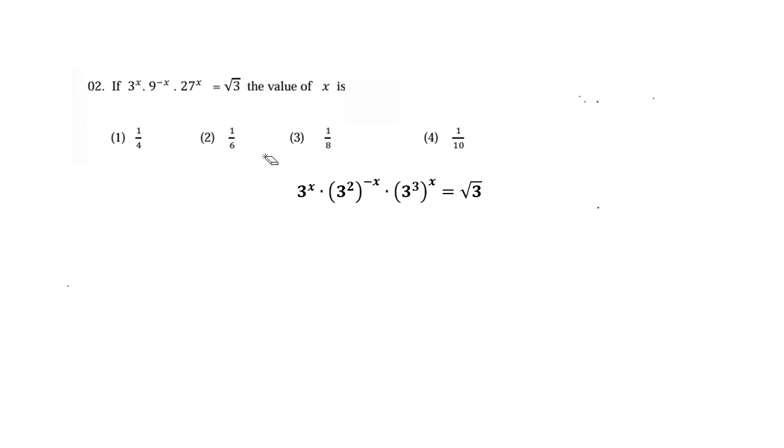Now after we understood that theory, we can simplify both of these exponents, where negative x times 2 will be negative 2x, and 3 times x will be 3x. So we can do that simplification now. Okay, so now we have a really simple exponent equation with the same base but 3 different indices.